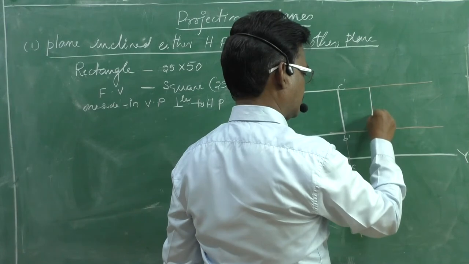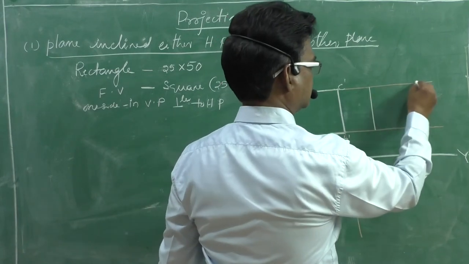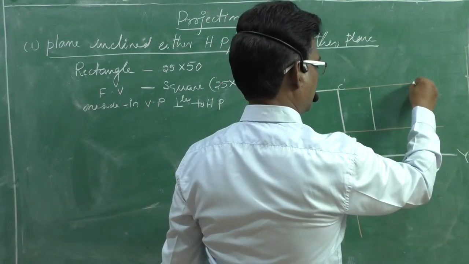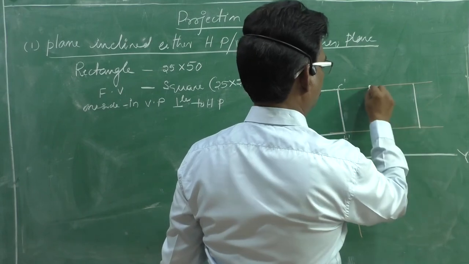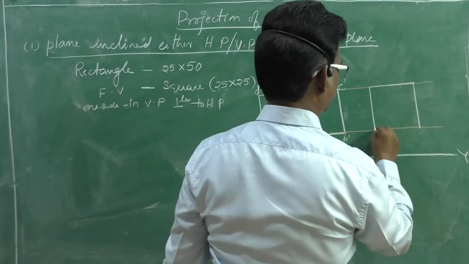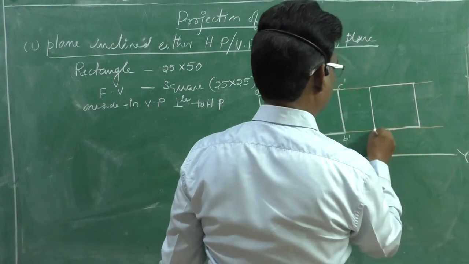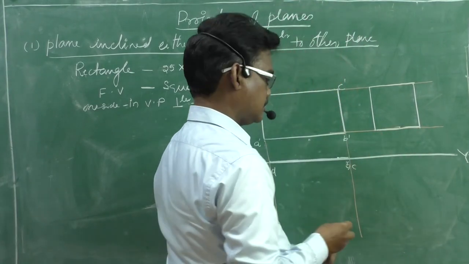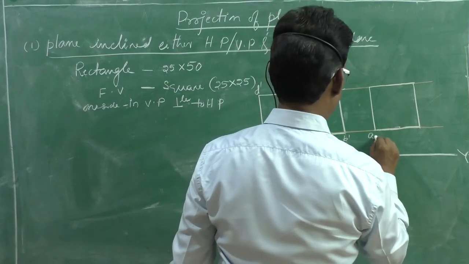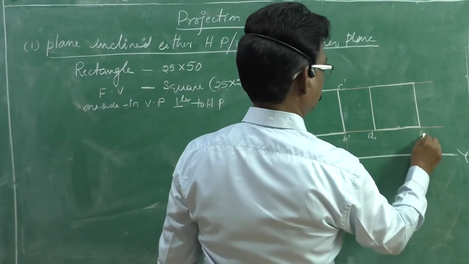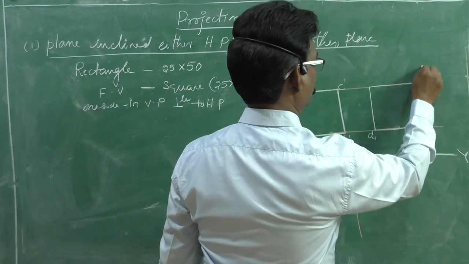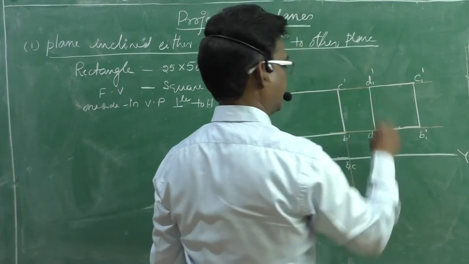And this is 25, and by considering this 25, we need to draw a square. Now, this is the square which we can visualize in the front view as given in the problem. Right. Now this is A1 dash, B1 dash, C1 dash, D1 dash.